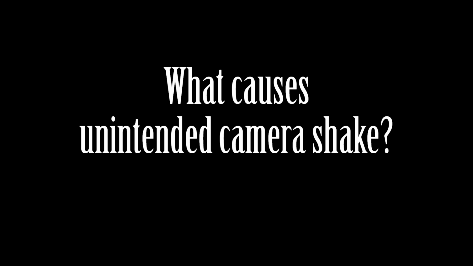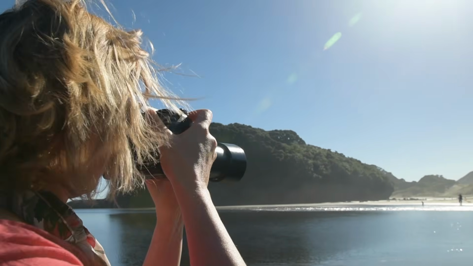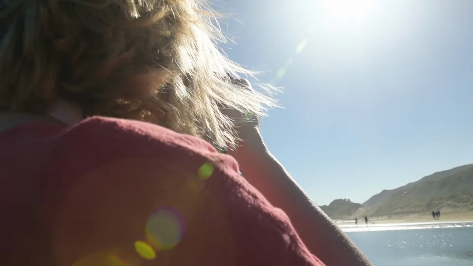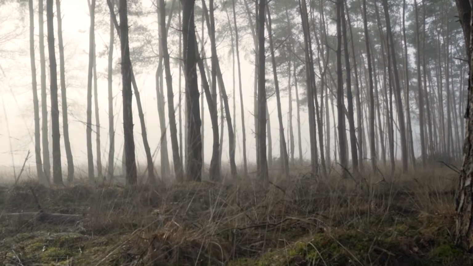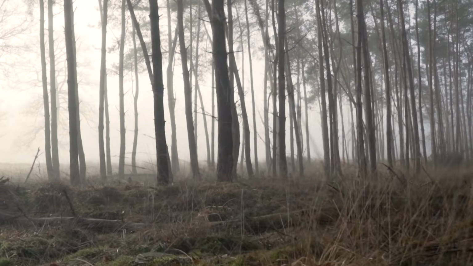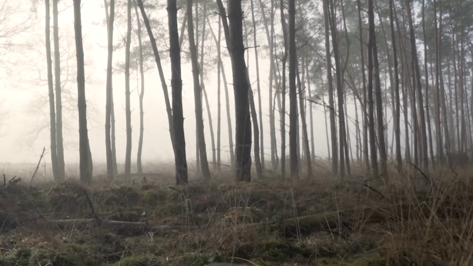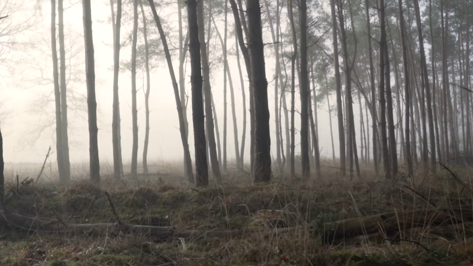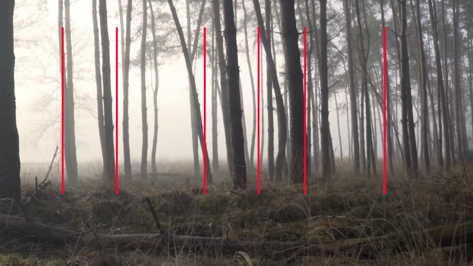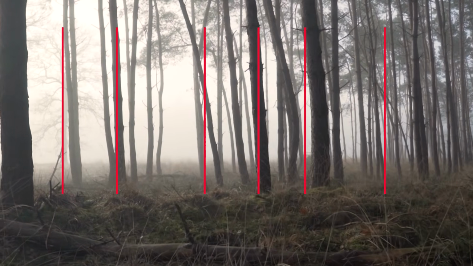Before we jump into the solutions, let's understand what causes unintended camera shake. It's a common mistake to move the camera just for the sake of movement without considering the scene's composition. However, embracing definitive lines can make a significant difference in overcoming this challenge. Definitive lines refer to those bold and unmistakable elements present within the scene.